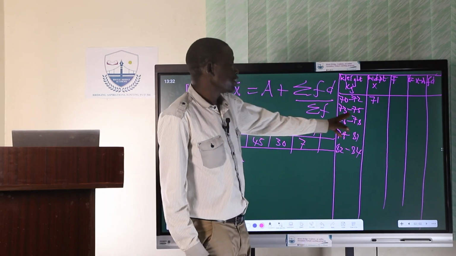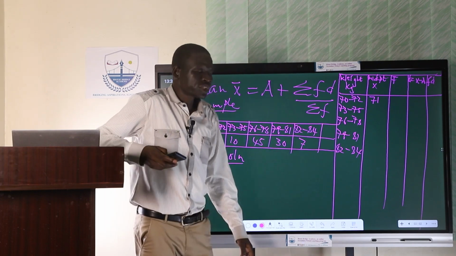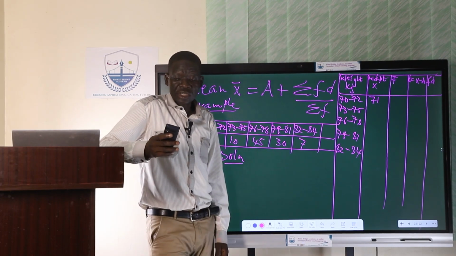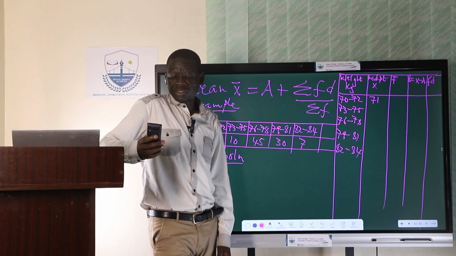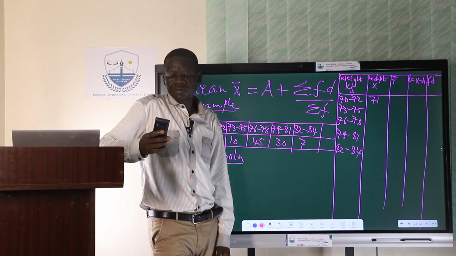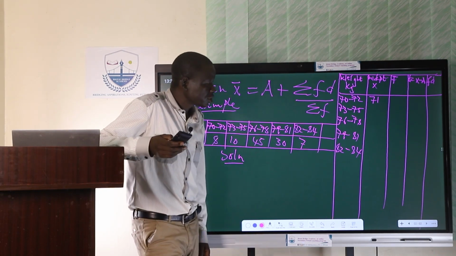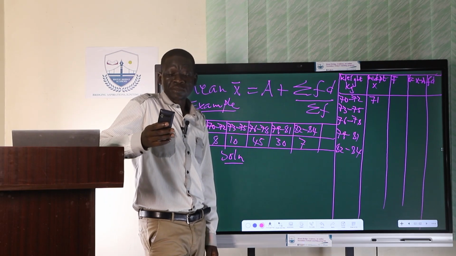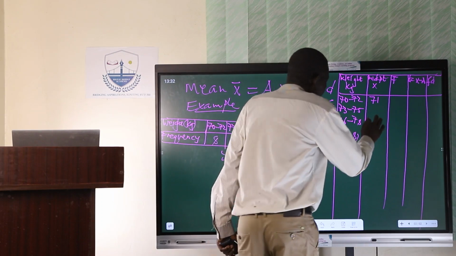Then to get the next midpoint, we add 73 to 75. 73 plus 75 gives 148. Then we divide it by 2 and we get 74.